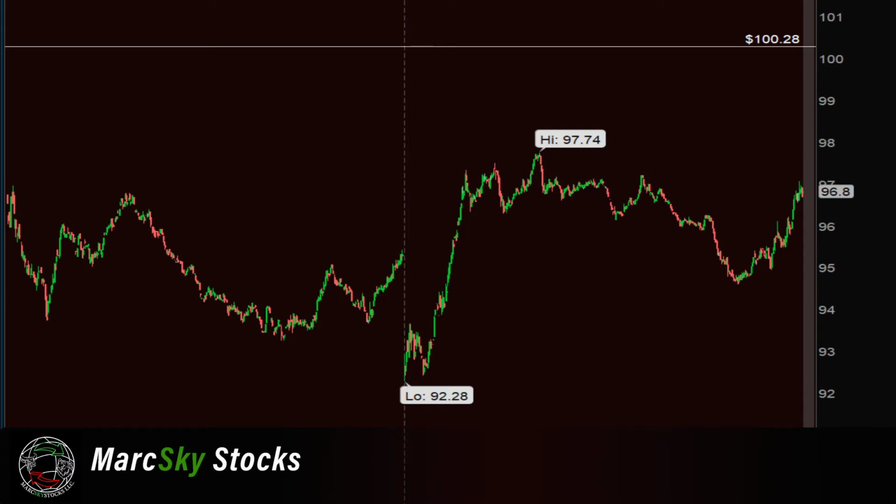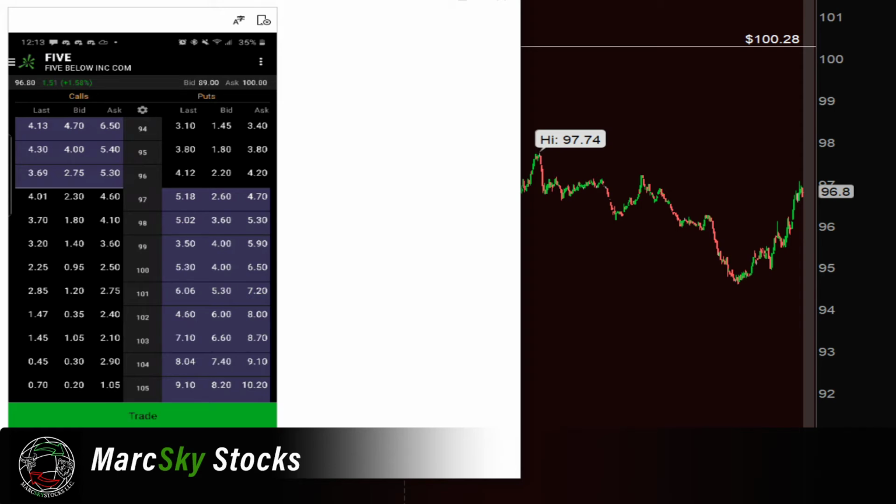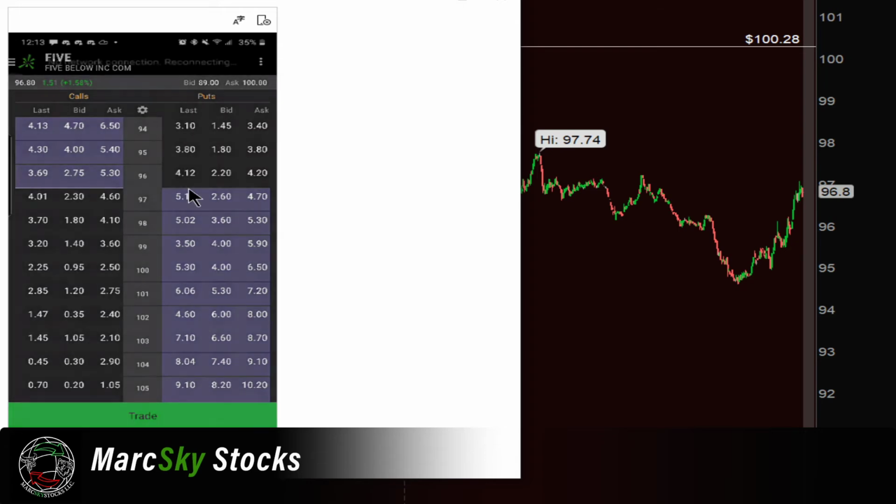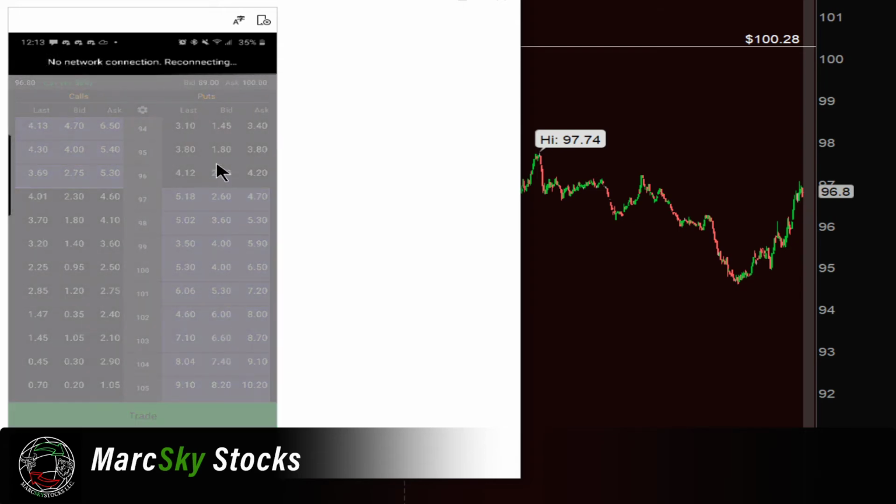Not sure if you guys can see it, but it's over here to the left. On this left side, that's all your calls. If you're thinking the stock is going to push higher, that'll be this side. And if you look to the right side, this is if you think the stock is going to go down.